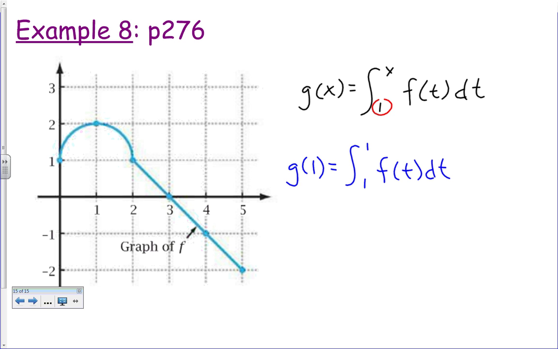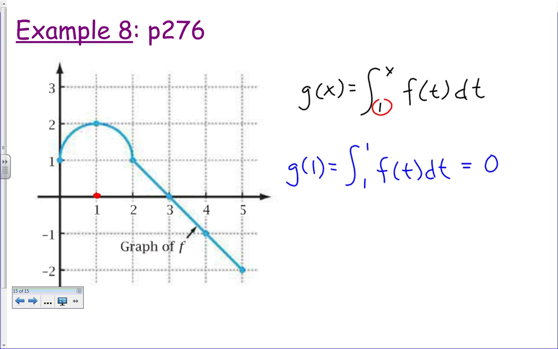Now that means find the area under this curve from 1 to 1. Well, of course, there is no area because you're starting and ending at the same point. So g of 1 turns out to be equal to 0. So at x equals 1, y is 0. So let's go ahead and plot that point. Let me put this in red here so it'll be easier to see.